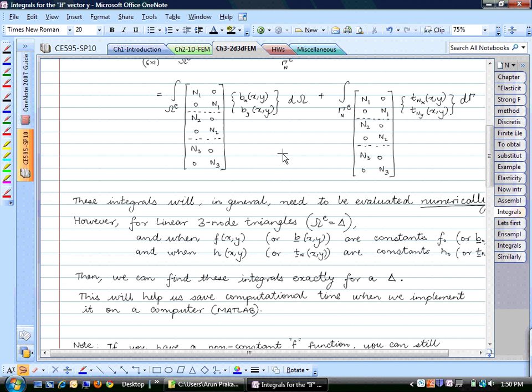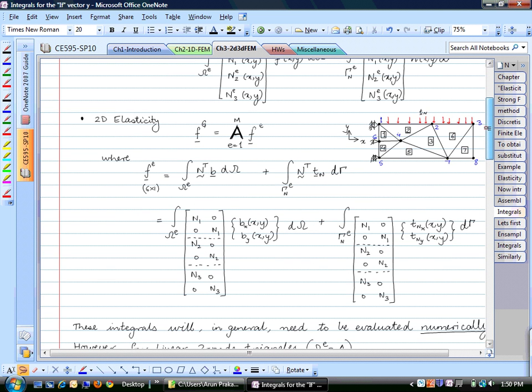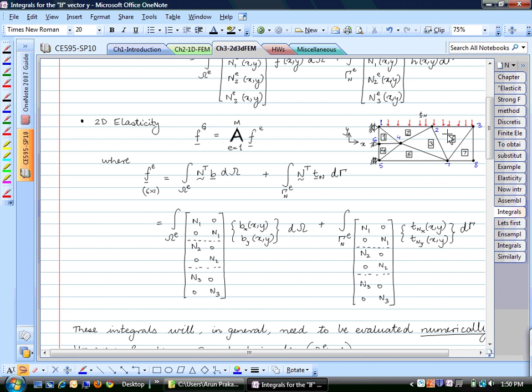We can find explicit expressions like that for the force vector and the stiffness matrix for the special case when, let's say, your heat flux vector, the body force term, is constant, or your edge traction is constant. So for example, if we just consider the self weight, is that a constant body force?